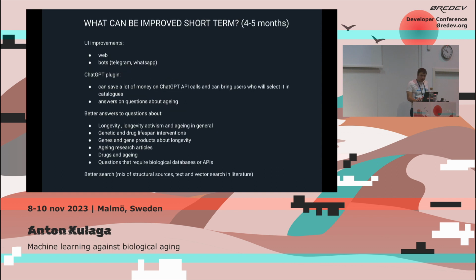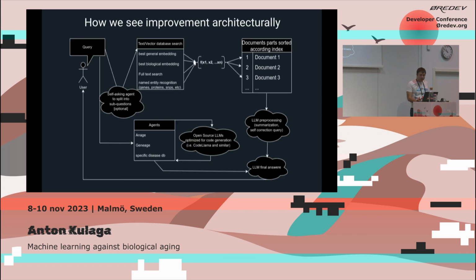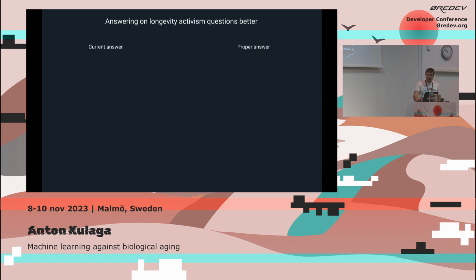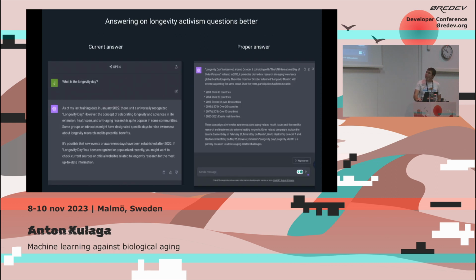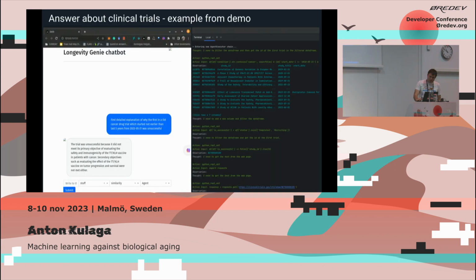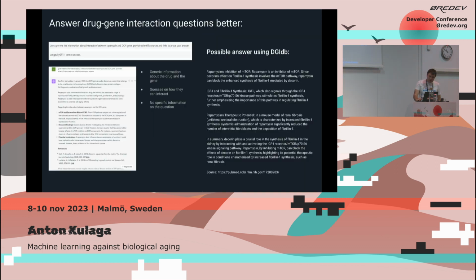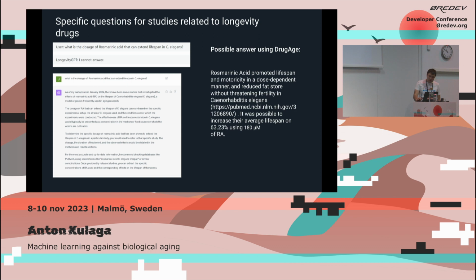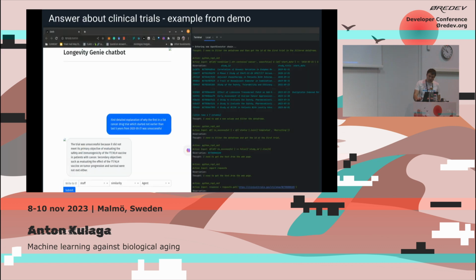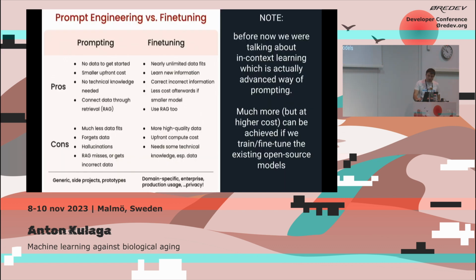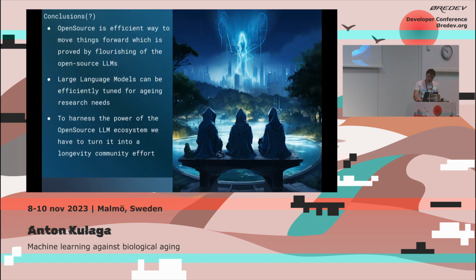And yeah, here are some things that we plan to improve: some hybrid search, some agents, some fine-tuning. Here are some preliminary results, what we got better, like clinical trials, drug-gene interactions, longevity drugs. We started doing fine-tuning, and we're now at a stage where everybody can contribute.